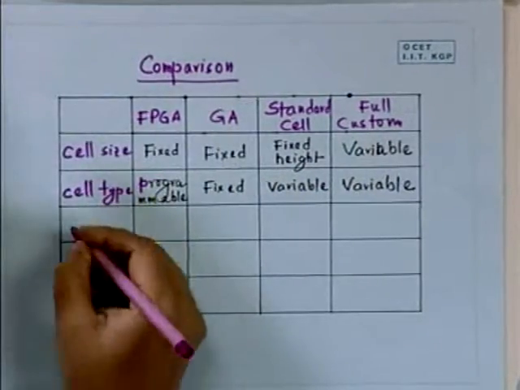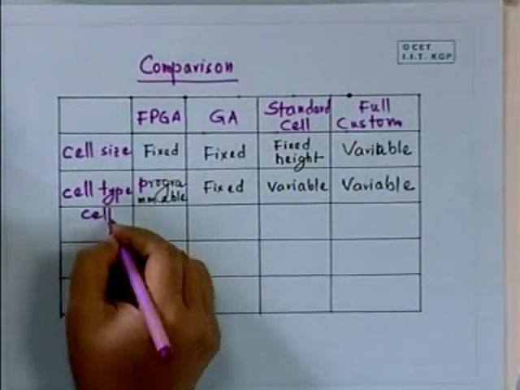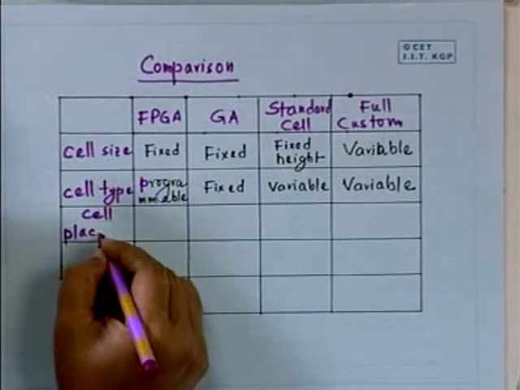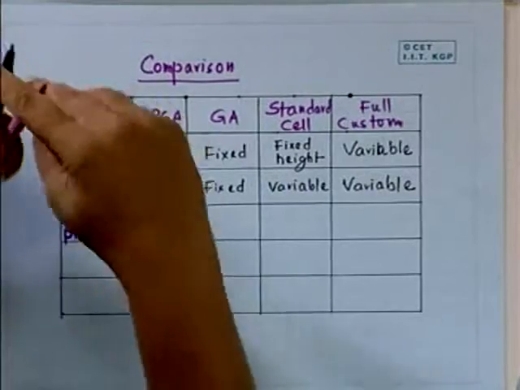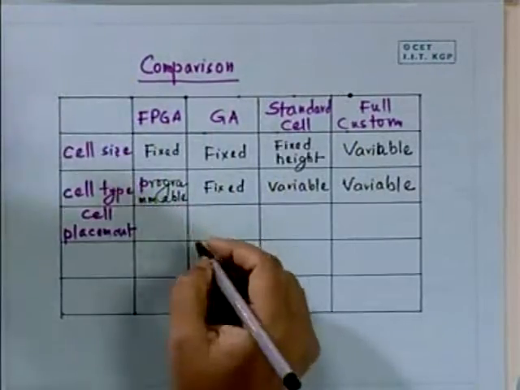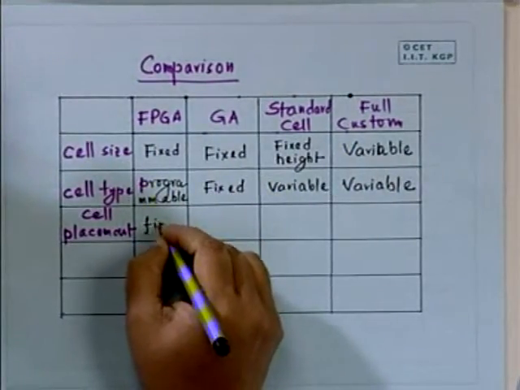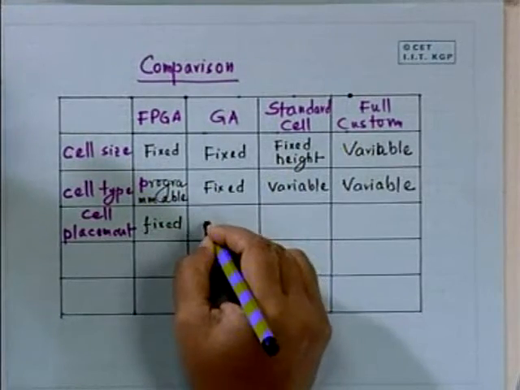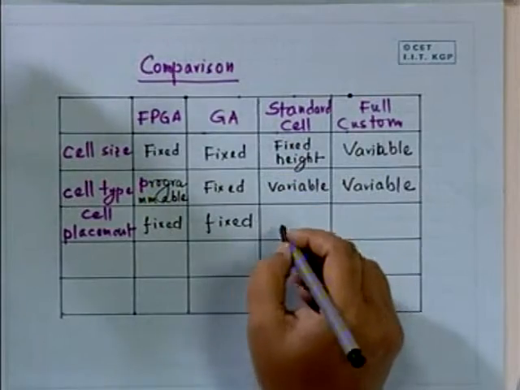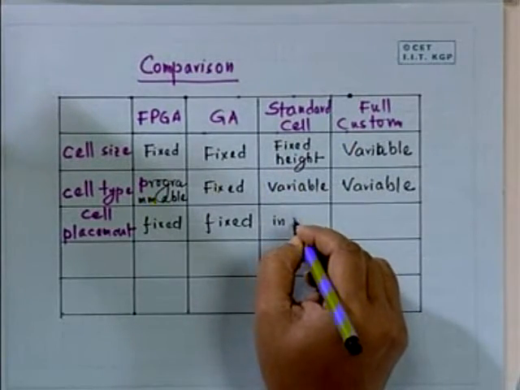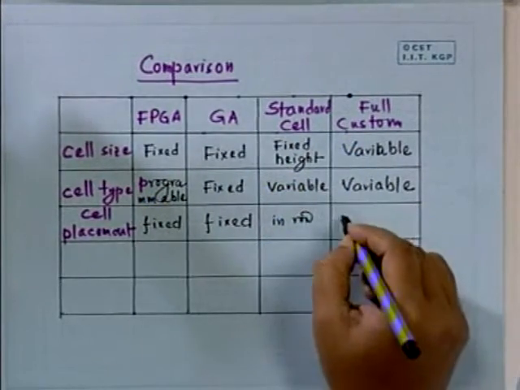Then cell placement: this is fixed, this is fixed, standard cell in rows only, this is totally variable.